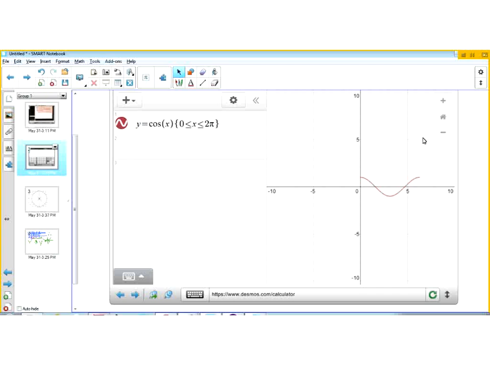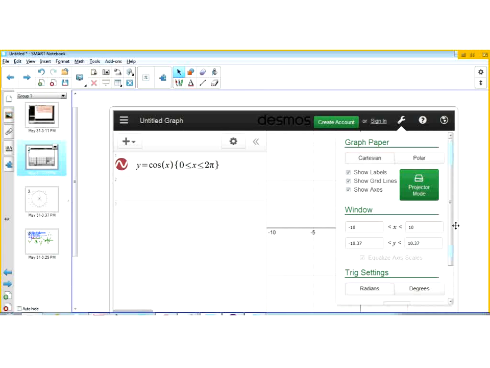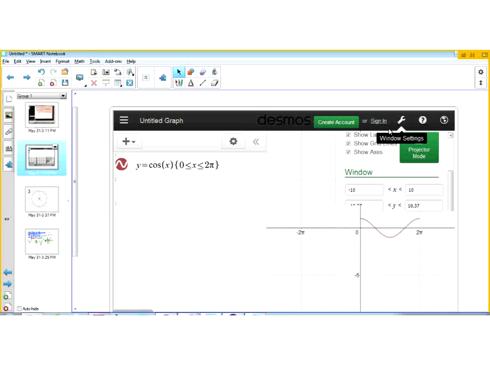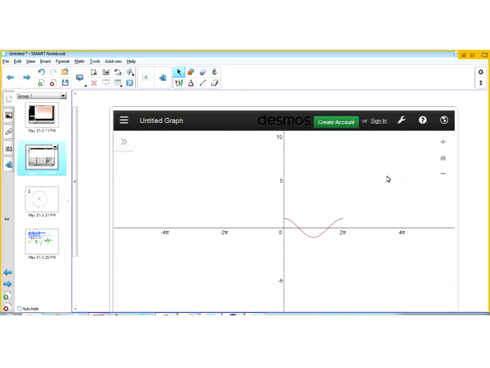So let's change our window properties so the x labels are in terms of pi. Dismiss the window, and let's zoom in. Here's the cosine function.